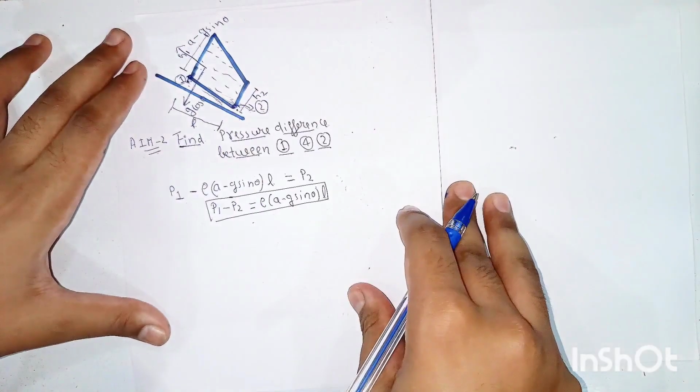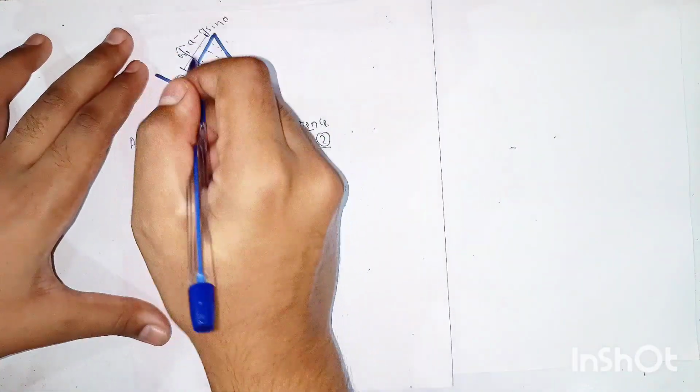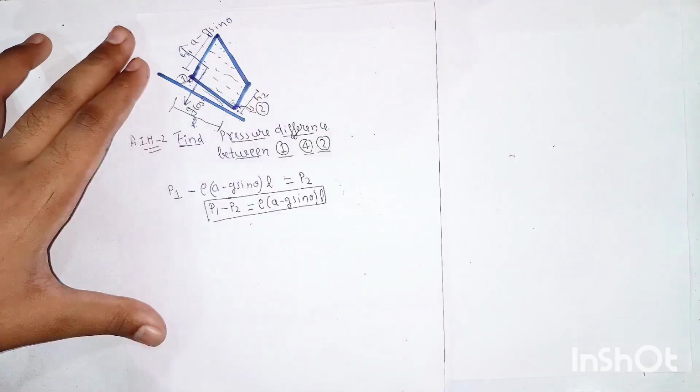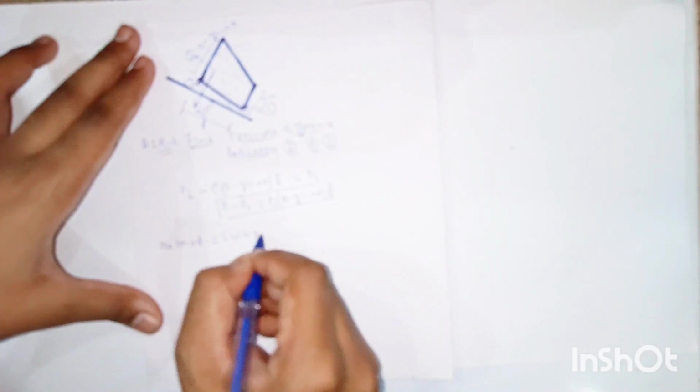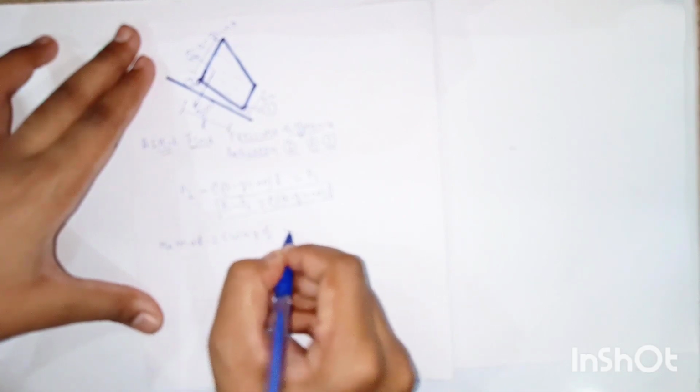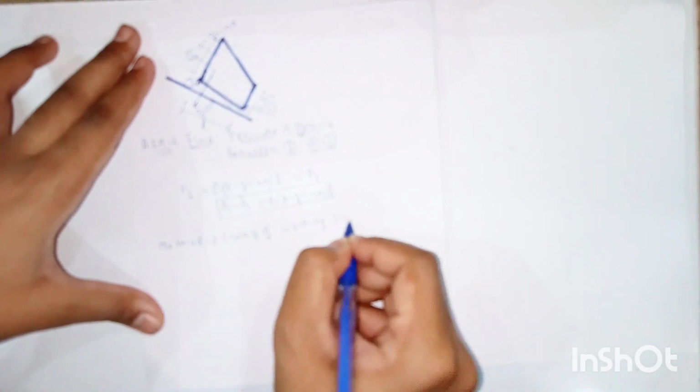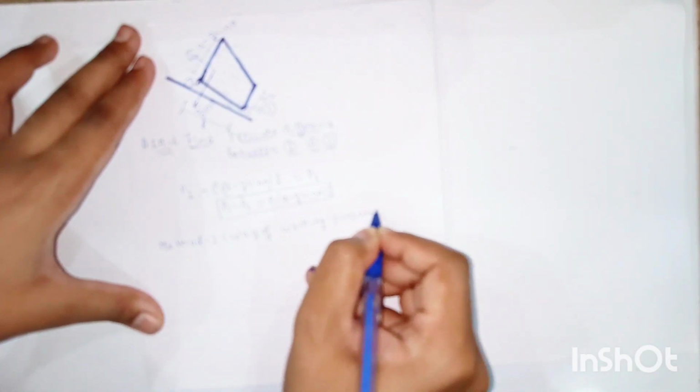Now let us try to find the pressure by traveling in this direction as well. This is method 2, a different way of writing pressure.